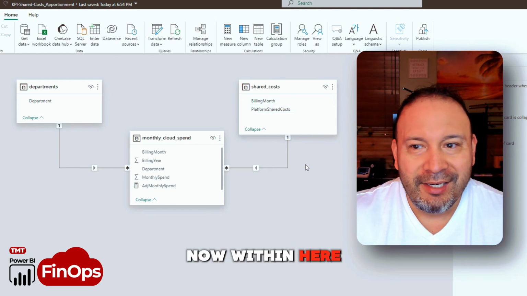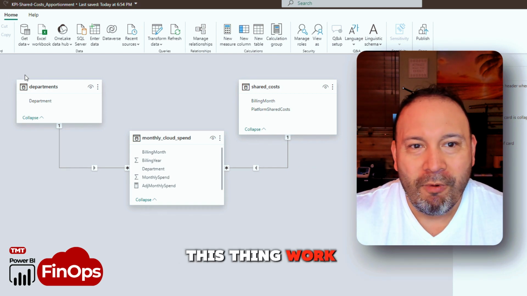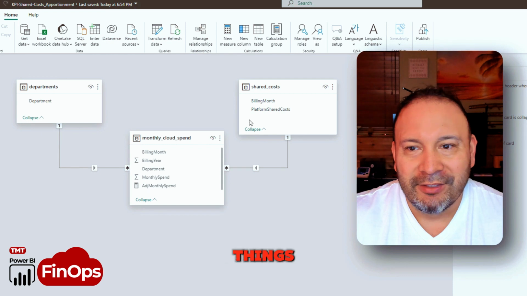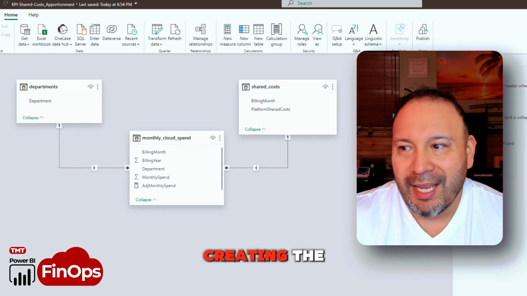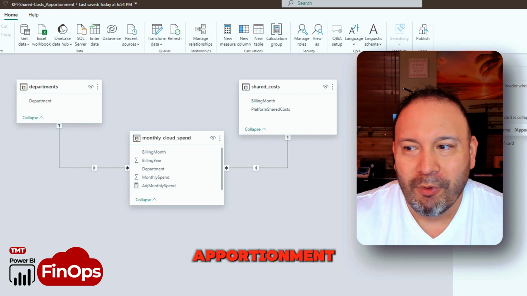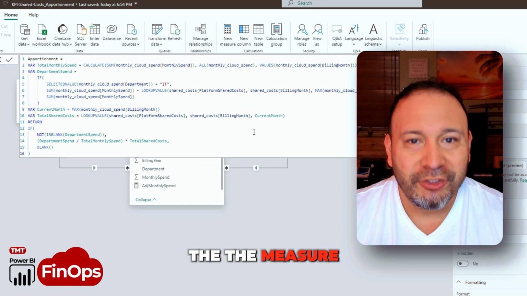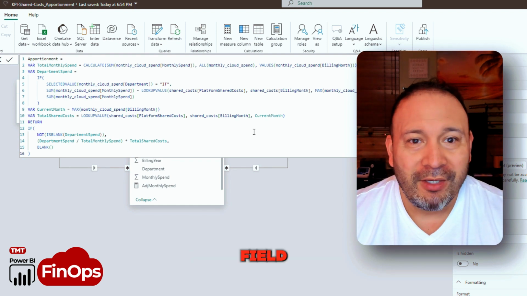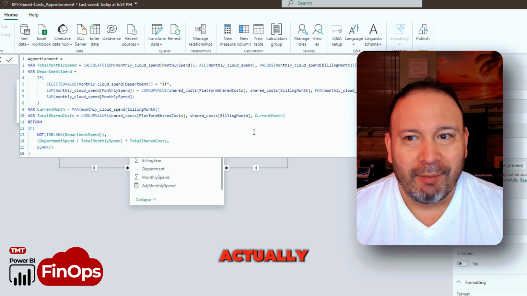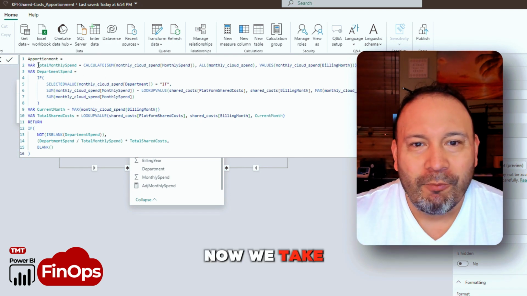Now within here, a couple of things that I did to actually make this thing work. So one of the things is creating the apportionment formula. So if we look at the apportionment formula here, this is the measure, the calculated field that has that formula for actually applying this. So if we look at now we take, what's the apportionment?